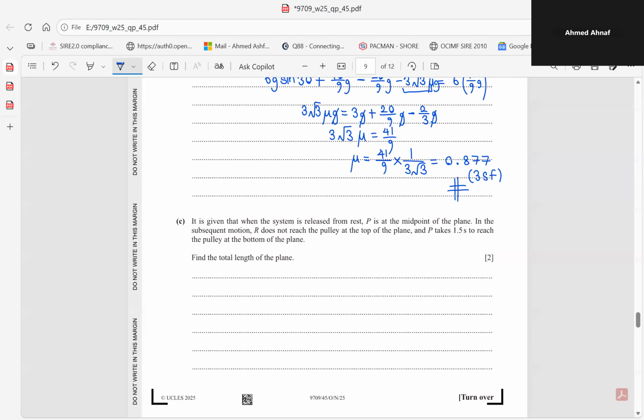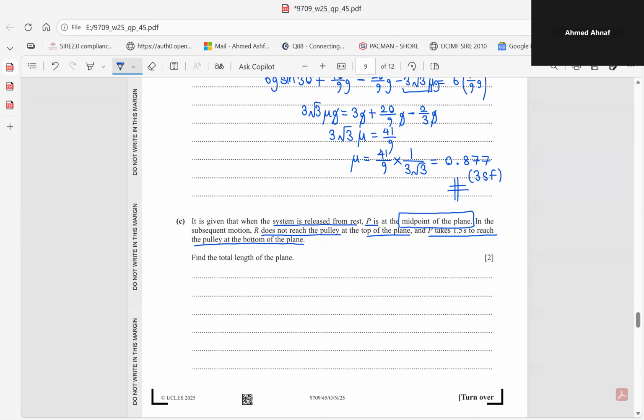For this final part, we're told that when the system is released from rest, P is at the midpoint of the plane. In the subsequent motion, R does not reach the pulley at the top of the plane, and P takes 1.5 seconds to reach the pulley at the bottom of the plane.